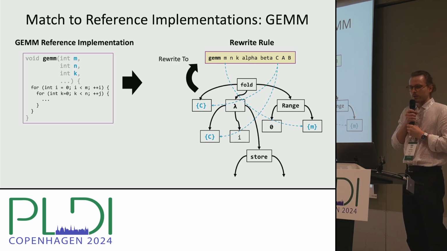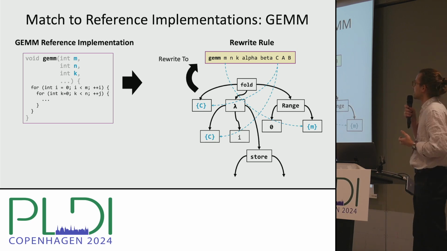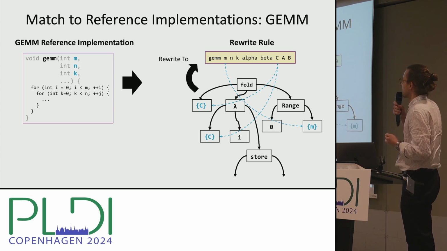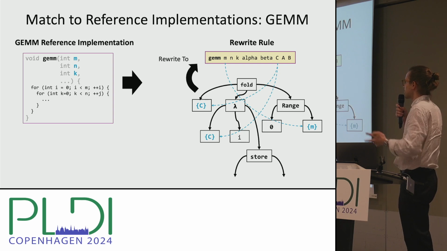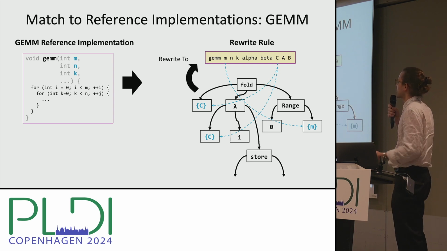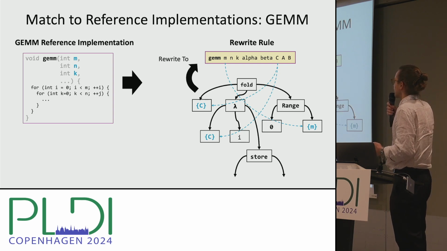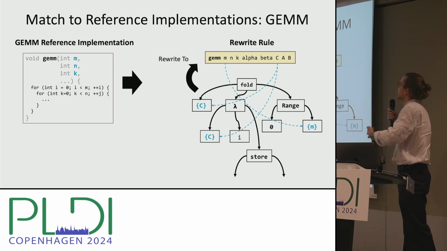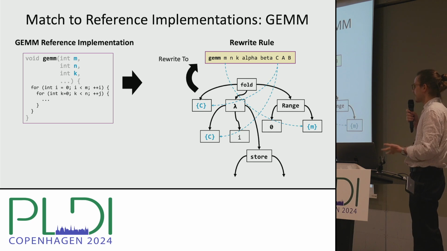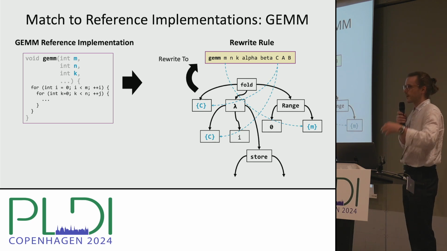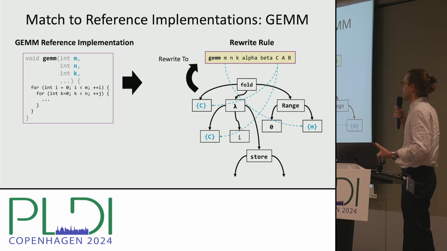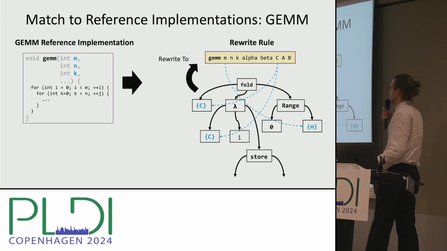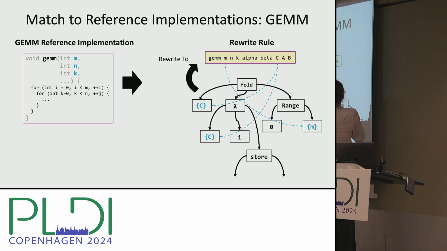And the final step, for each reference implementation itself, is how we get from that to an actual rewrite rule. The process is pretty straightforward. Basically the left-hand side of the rewrite rule is the reference implementation function body.